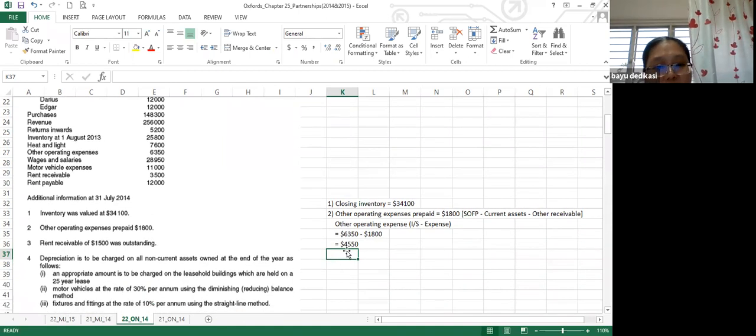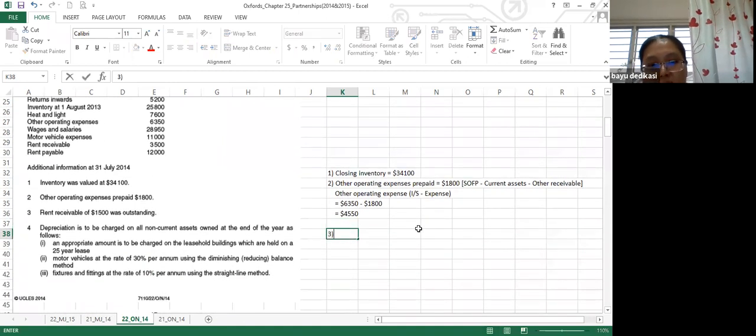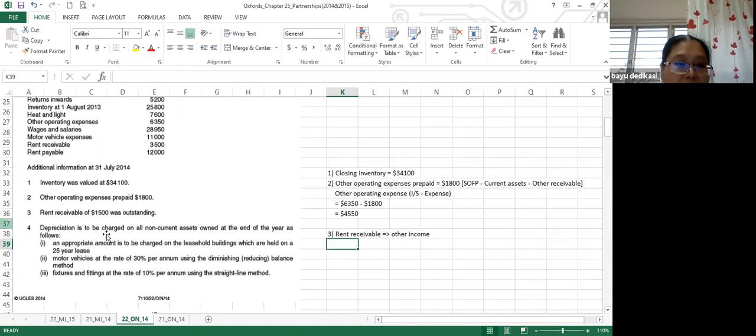Number 3 information, rent receivable of 1,500 was outstanding. This is the other income. Other income outstanding. That means that one of your tenants didn't pay you. This is your asset.